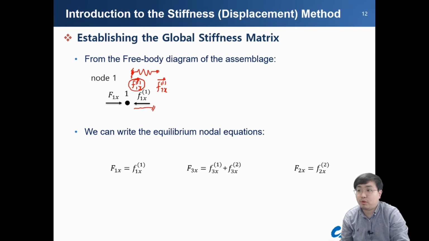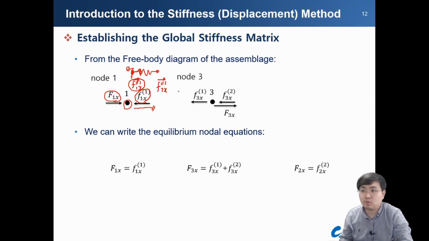Just assume that when you apply force on the right-hand side, this nodal point feels some left-hand side resultant forces. So at the nodal point, the total force is global F1x and local F1x1.